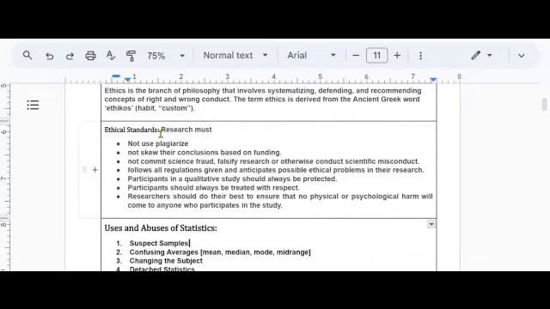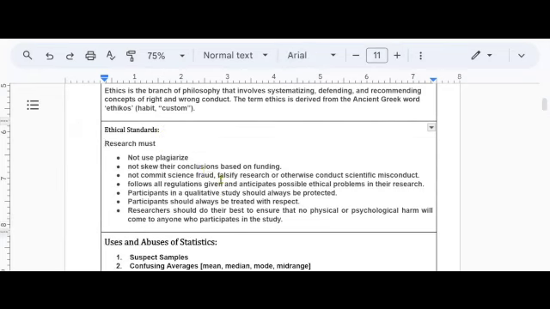So the research must have what? Not use plagiarism. You cannot take someone else's work and then say this is mine. Not skew their conclusion based on findings. What does this mean? What does skew mean? Leaning towards one side.